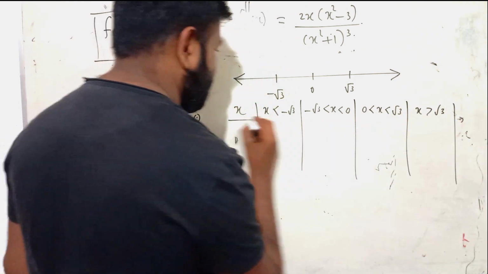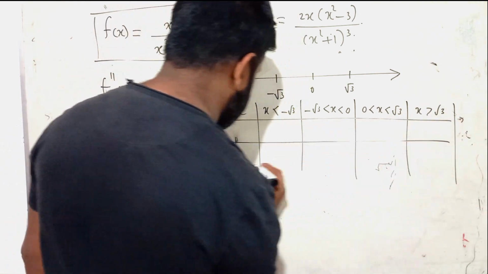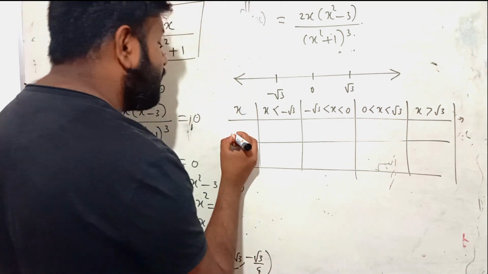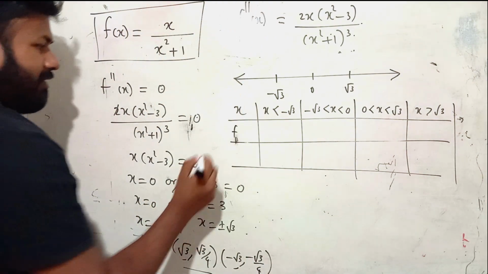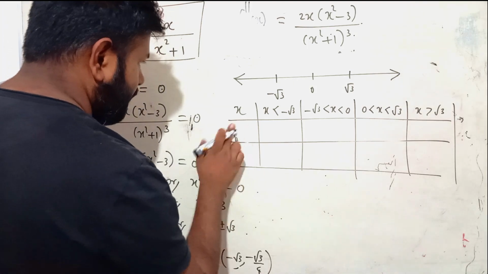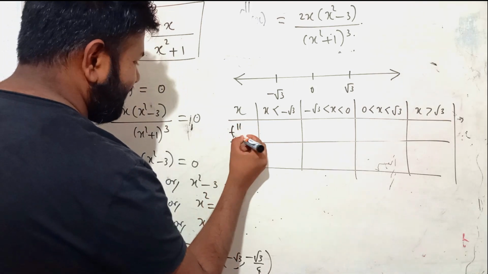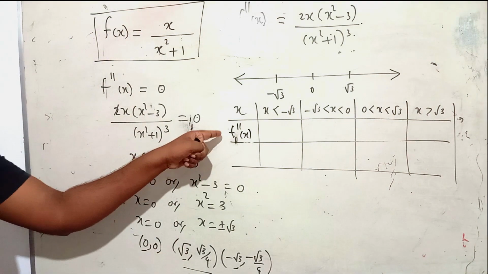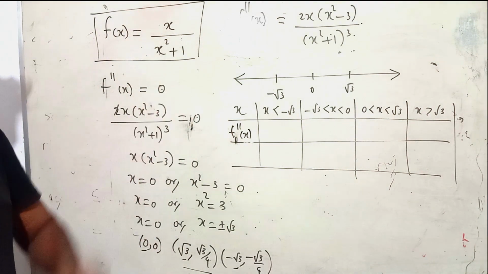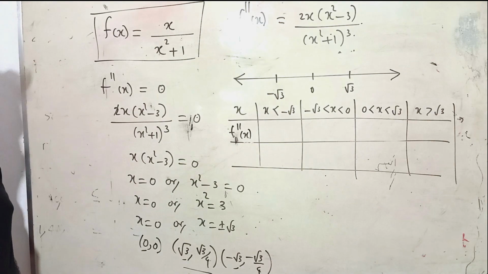Consider these parts. These are the regions where the concavity is going to change. So you have to check the sign of f double dash x, which is the second derivative of this function, whether it is positive or negative.